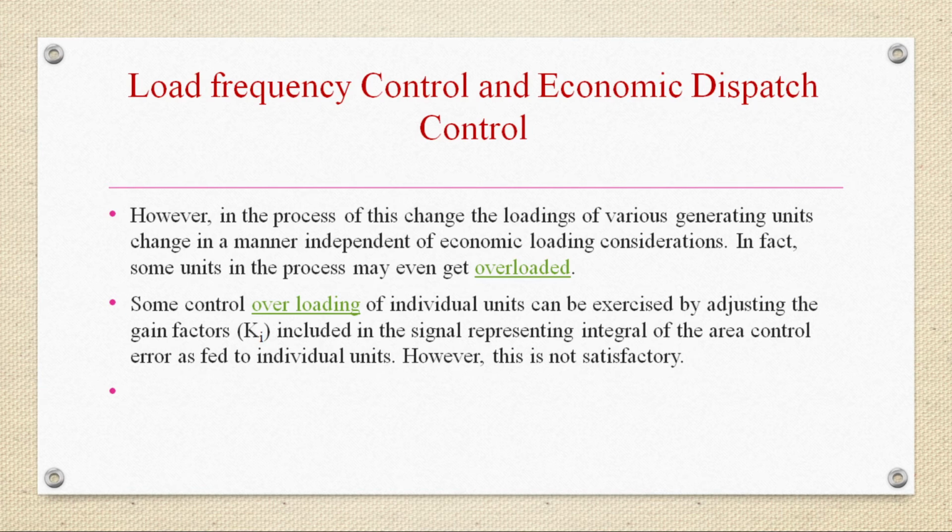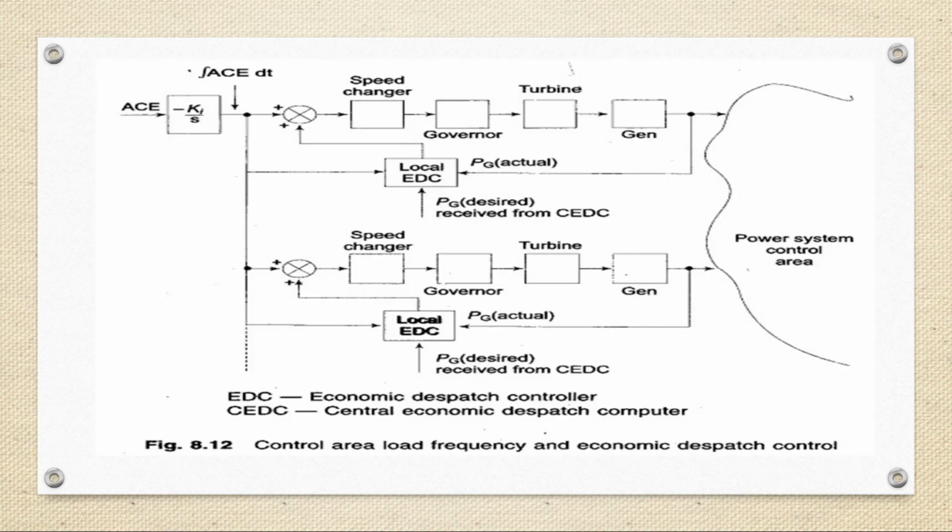It will get overloaded. Overloading of individual units can be controlled by adjusting the gain factor Ki, which is included in the signal representing the integral of area control error for the individual units. However, this is also not very satisfactory.